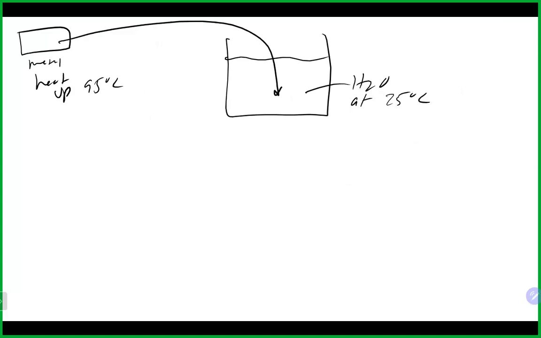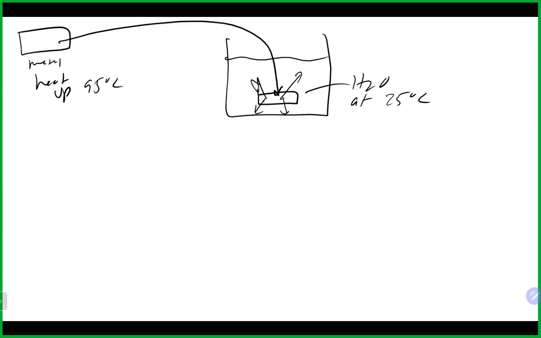When we put that piece of hot metal into here, because the metal is hotter than the water, heat always transfers from hot to cold. So it's going to give off that heat and energy to the water surroundings. That's going to be endothermic for our water, and we should expect the temperature to rise.